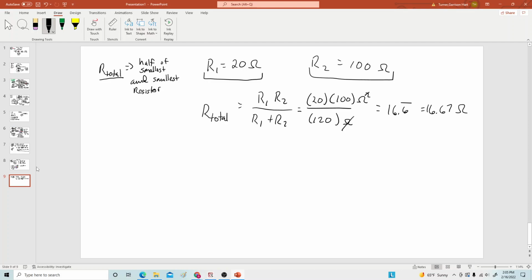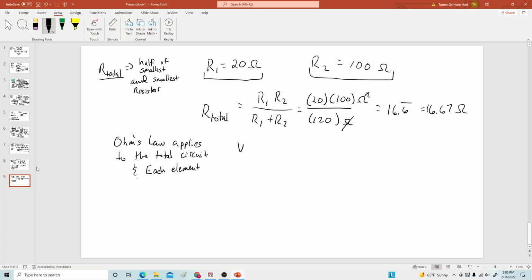And so when you have non-extreme values, you just have to calculate this out, right? But then everything that we saw from the series case applies. So Ohm's law applies to the total circuit and each element.